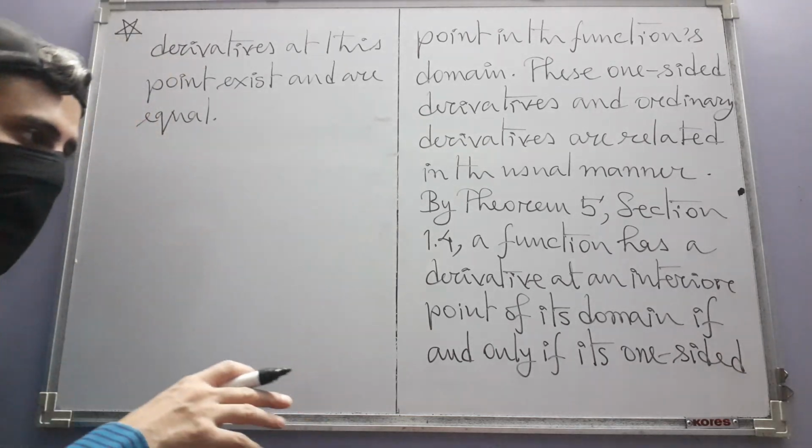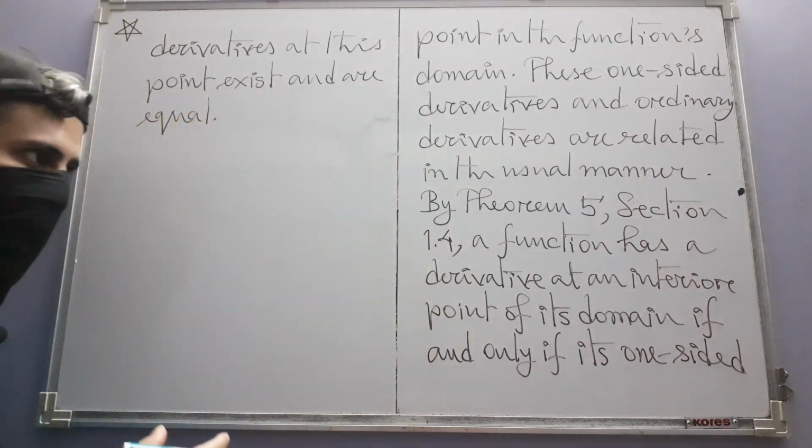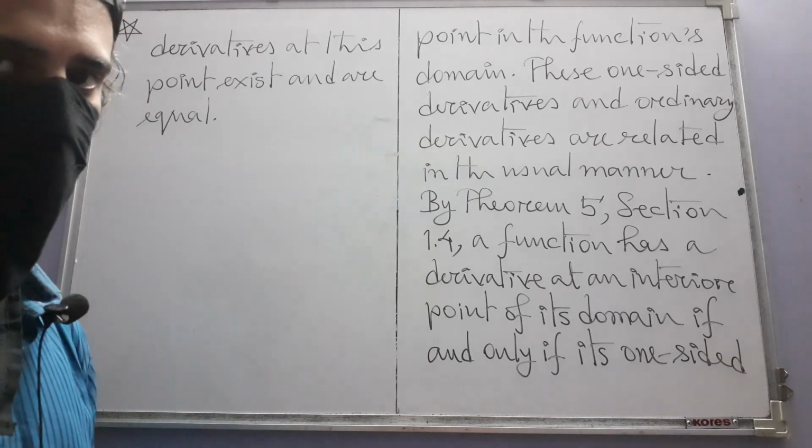If they both exist and are equal, then the ordinary derivative also exists and has value equal to that common value. Otherwise it does not exist.